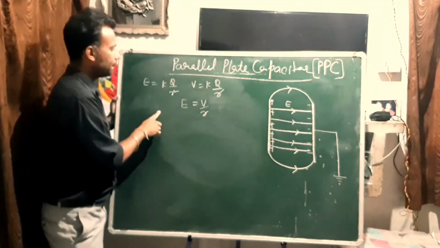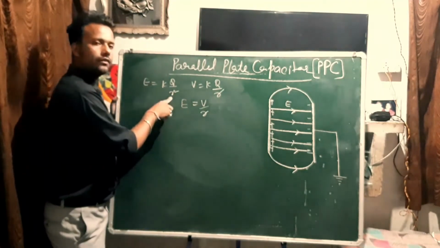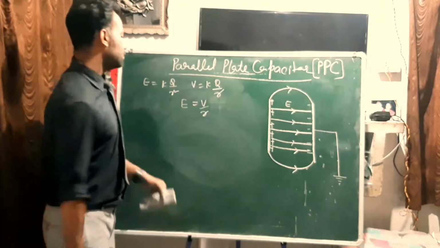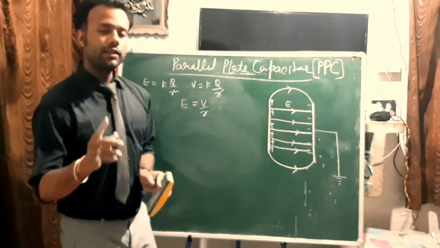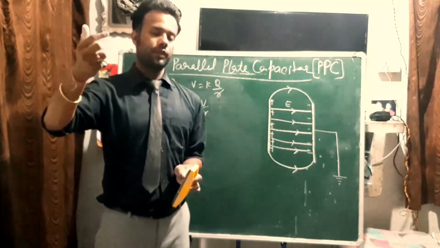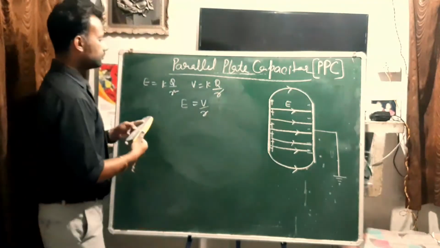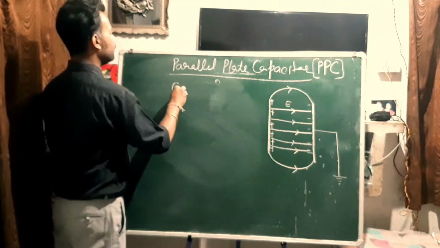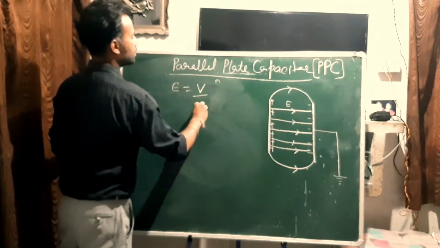The electrical field has R square, and in the potential we have only R. That means if we divide the potential by the distance between the plates, we'll find the electrical field. So from this formula, we know that the electrical field can be written as V upon D.